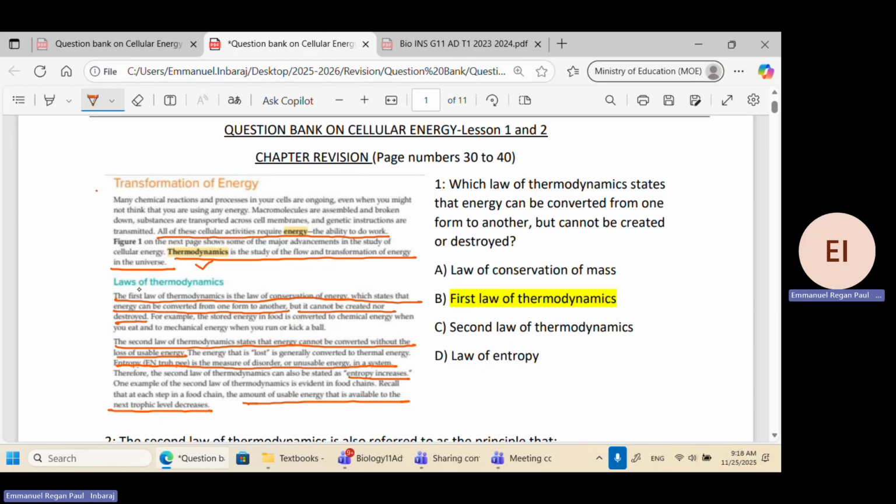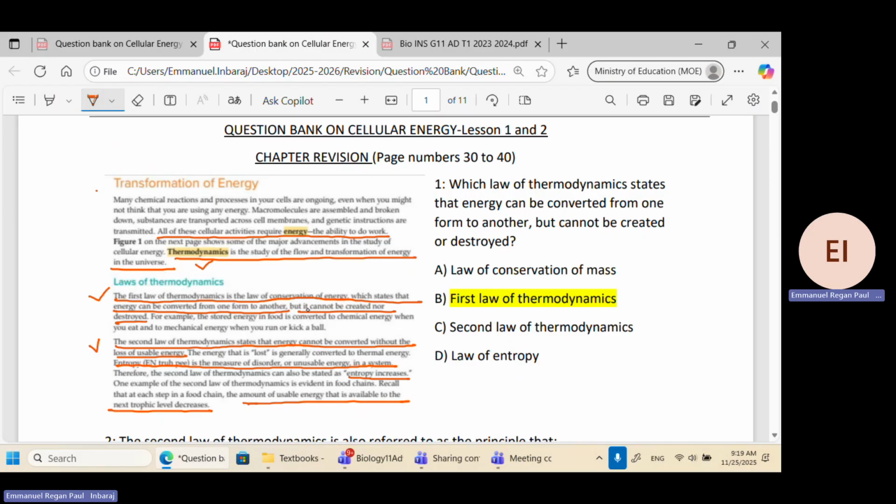There are two laws of thermodynamics, the first law and the second law. So what does the first law state? The first law of thermodynamics is the law of conservation of energy. It states that energy can be converted from one form to another, but it cannot be created nor destroyed.